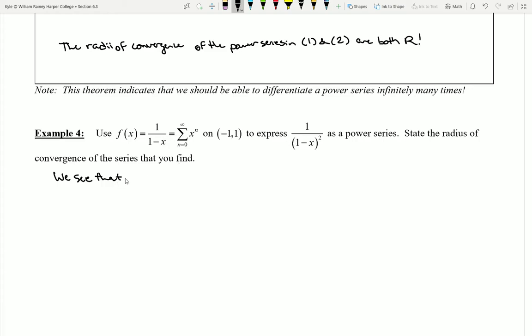Well, one thing that you might notice is that if you were to take the derivative of f, you actually end up with this new function. So f prime is equivalent to what we're working with over here. That's awesome.